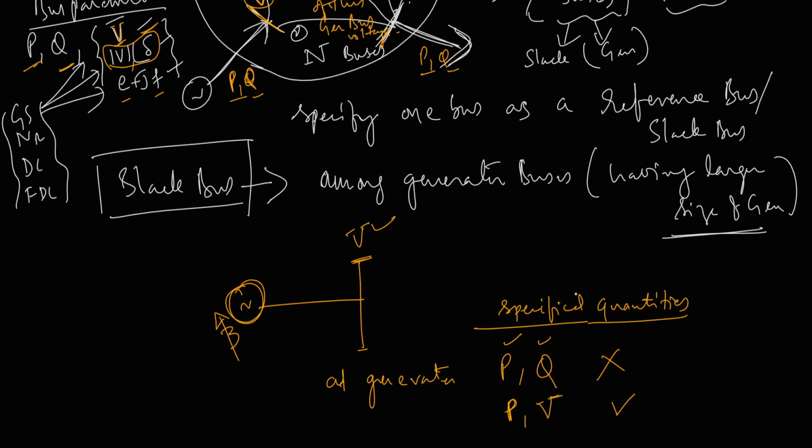This generator bus voltage should be this much. That's it. I will be given the excitation control, that is the excitation can be varied between this Q minimum and this Q maximum. The pumping of Q into the network can be varied between Q minimum and Q maximum, but it should be in this range only. It has to control my generator bus to the specified value.